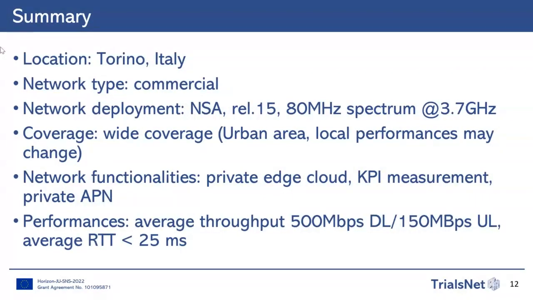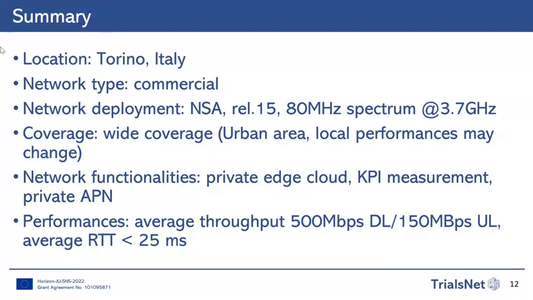The available spectrum is 80 megahertz in the 3.7 gigahertz band. So we have almost the full urban area covered, and the local performance should be verified in the place where we execute the use cases, but basically the urban area is fully covered.